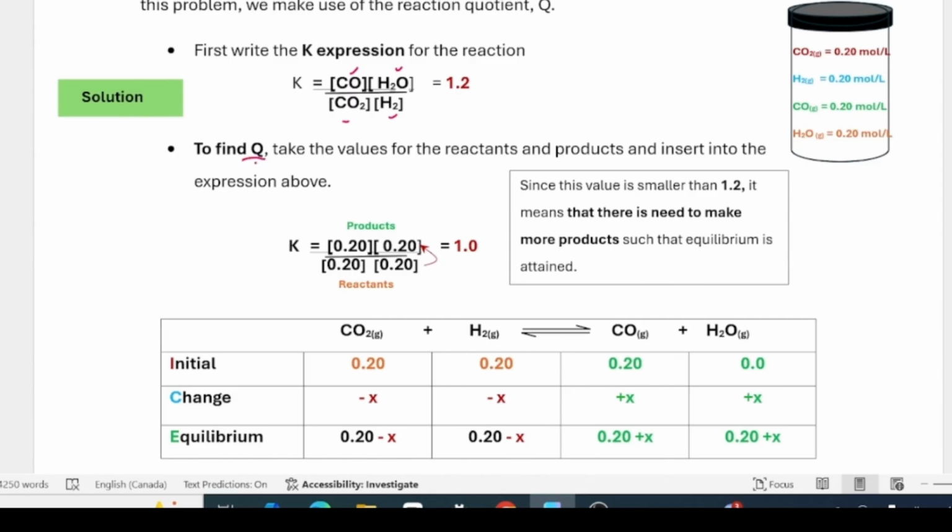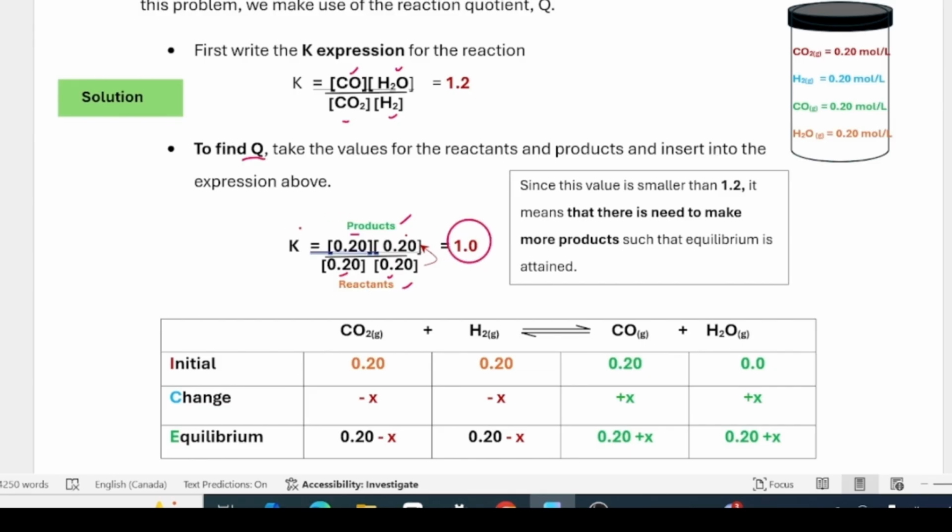Q is really a value that is obtained by putting into this expression here all the values for the products and reactants that are provided in the question. So in the question there, we're given these concentrations of carbon monoxide, water, carbon dioxide, and hydrogen. And when we do the math, this is what we get.